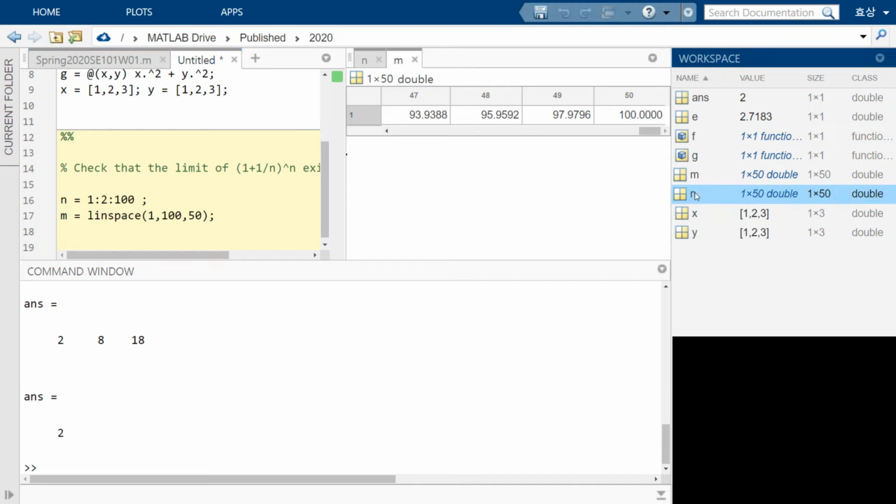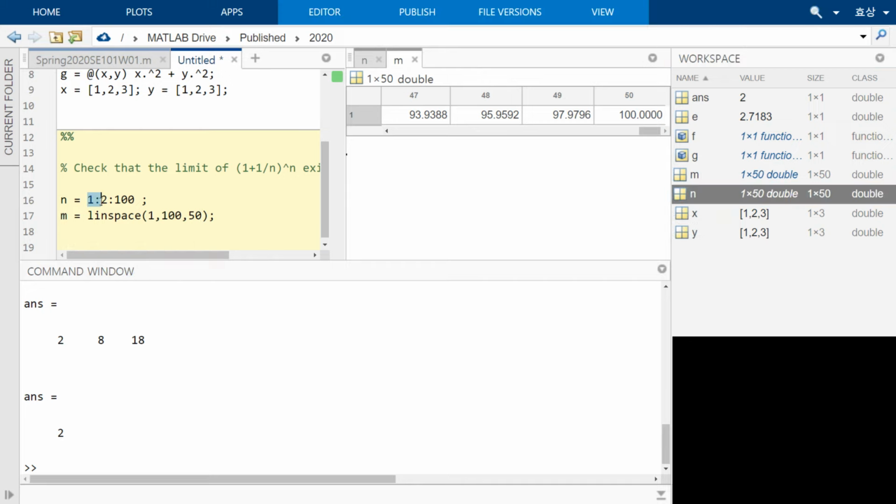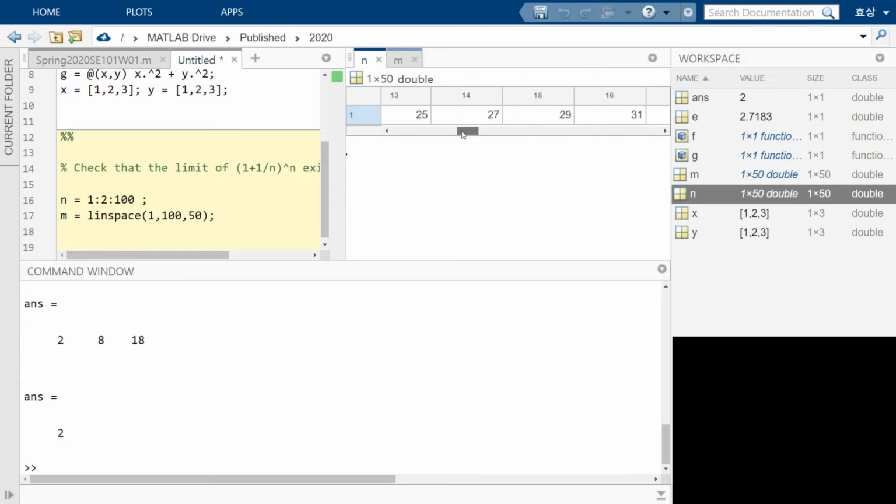You may expect n created by colon and m created by linspace to be the same, but these two arrays are not the same. The n created by colon consists of integers 1, 3, 5.